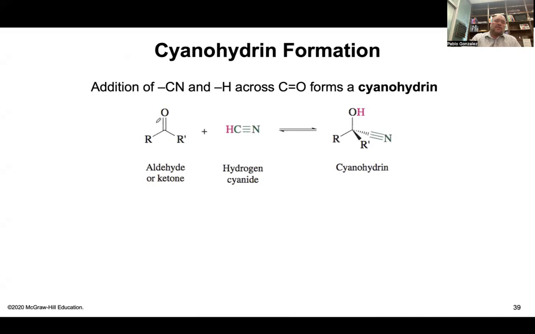So here we have aldehydes or ketones. Both of them can undergo this reaction. Hydrogen cyanide, and then we can attach this part to the carbon, and the hydrogen can attach to the oxygen. And this right here is the molecule known as cyanohydrin, with the cyano of this and hydrogen with the OH in here.